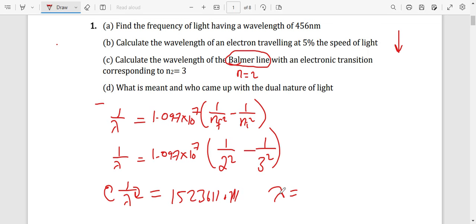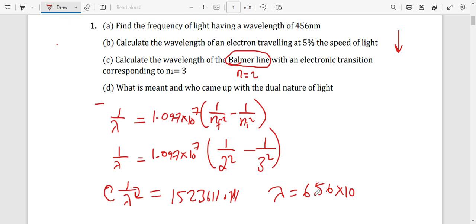So I'll say 1 divided by answer. That is 656. Times 10. Let me see how many decimal points are here. 1, 2, 3, 4, 5, 6, 7.